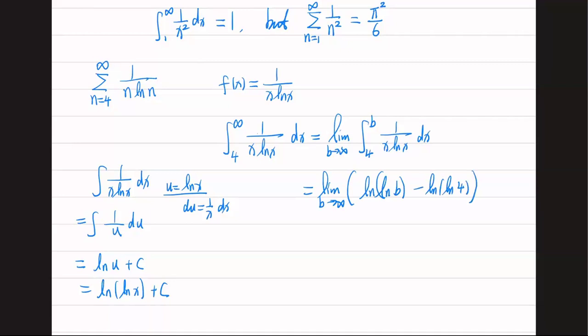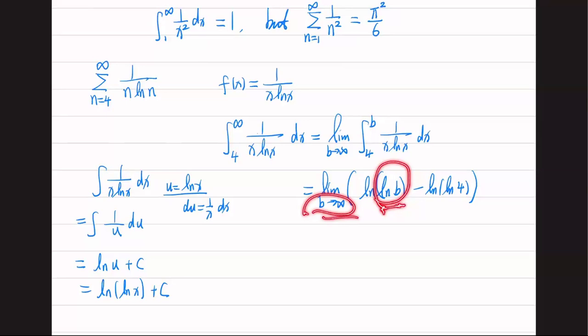What's this limit? When b goes to infinity, what can we say about this logarithm? It goes to infinity.